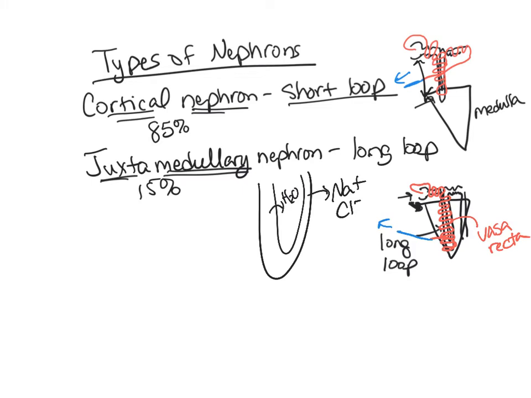And because this loop is so much longer, and we are reabsorbing water there, the urine becomes more concentrated. And so it's these juxtamedullary nephrons that enable the kidneys to produce concentrated urine.